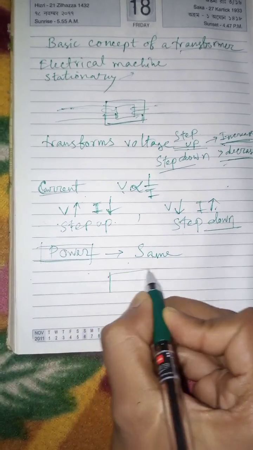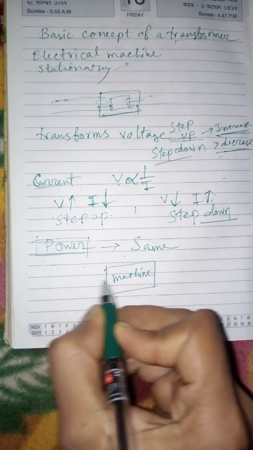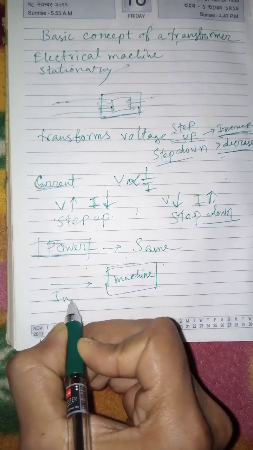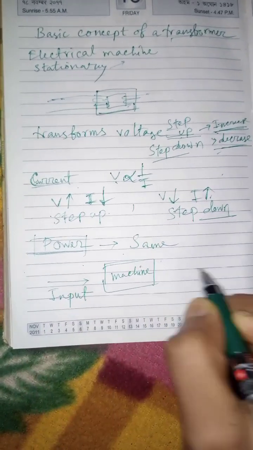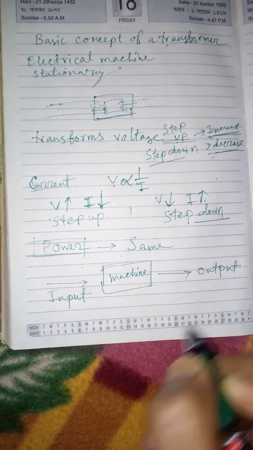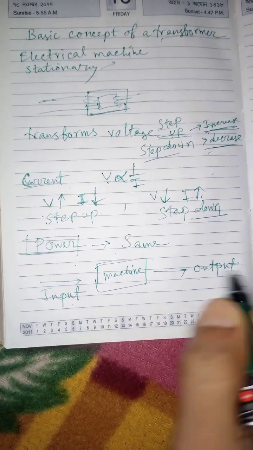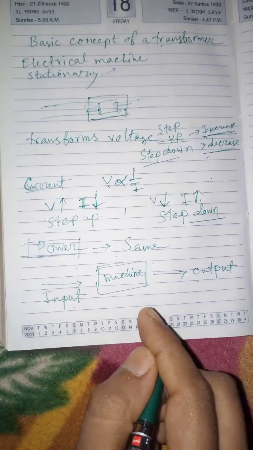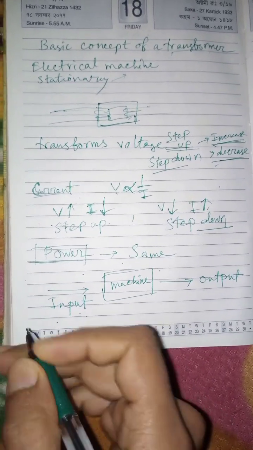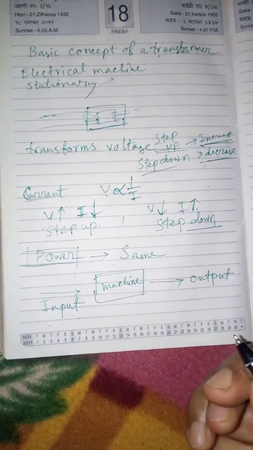In a machine, it may be any machine, not just a transformer, if you give an input, you will have an output. I didn't say that input will always be equal to output. I said that the power you are inputting and the power you are getting will be the same.